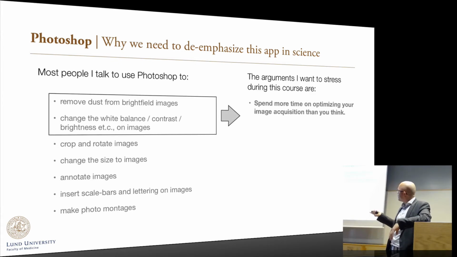So I wanted to divide these things up just for the discussion a little bit and say the first parts here are actually things that you do not want to use Photoshop for, because they are much better done at the start when you acquire your images. The first one is obvious: if you clean your specimen before you acquire the image and clean the microscope, the image will always be better, because you cannot reintroduce something that is covered by dust.